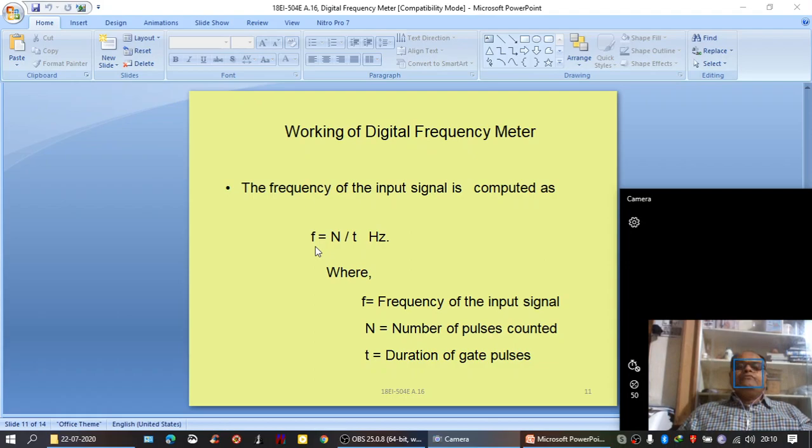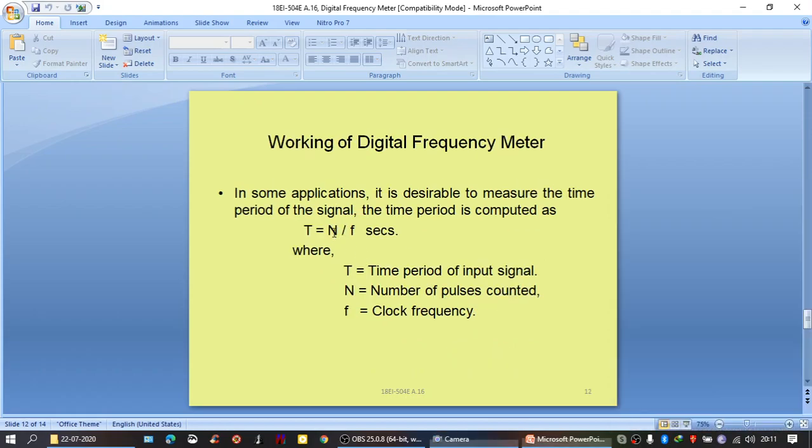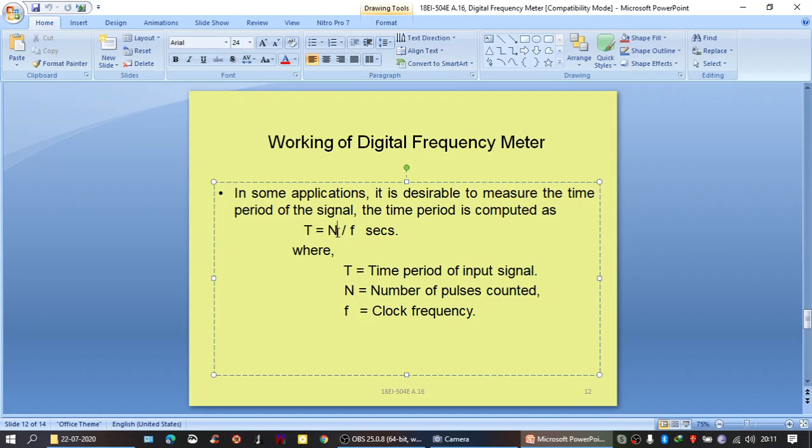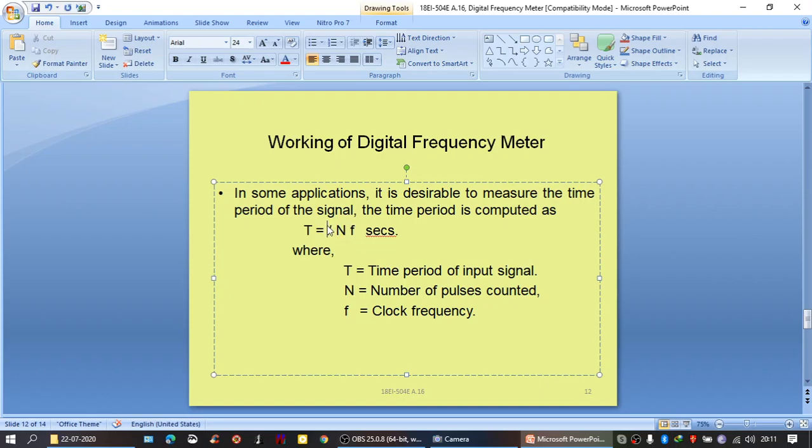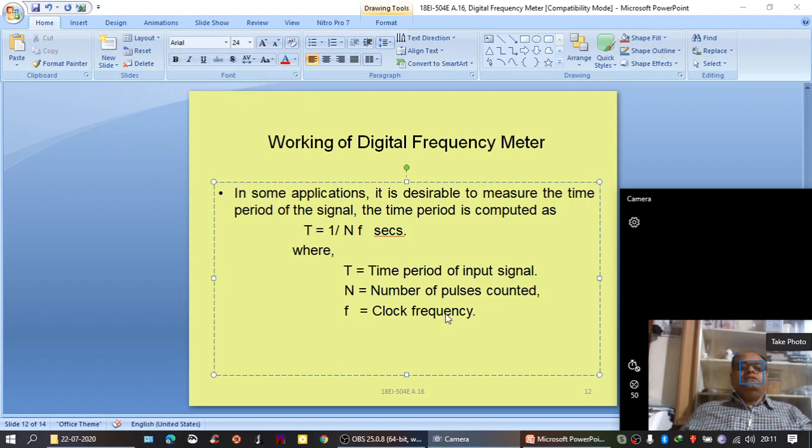So obviously 1 by f, T is equal to 1 by f is equal to T by n. Actually, it has to be in the denominator: 1 by nf. This is how we measure the time period of the unknown signal.